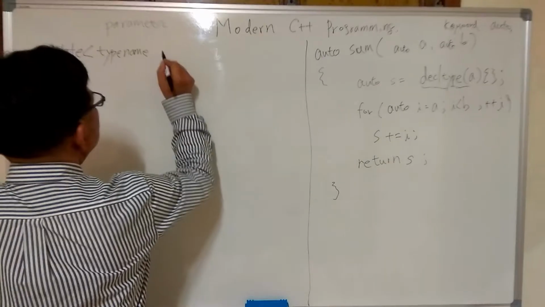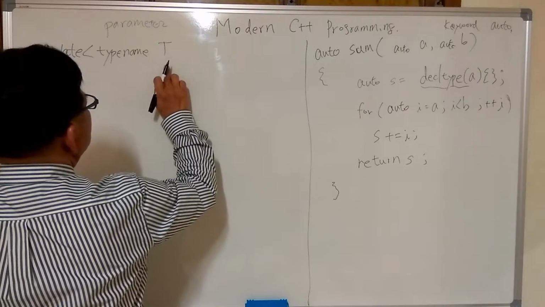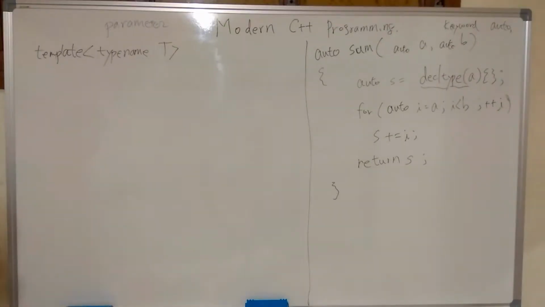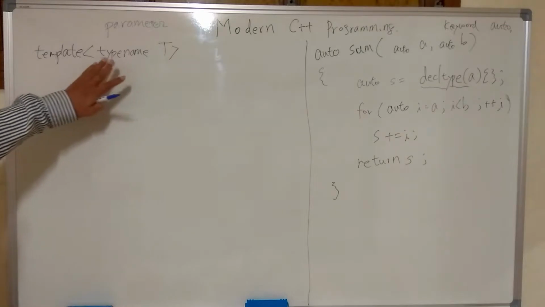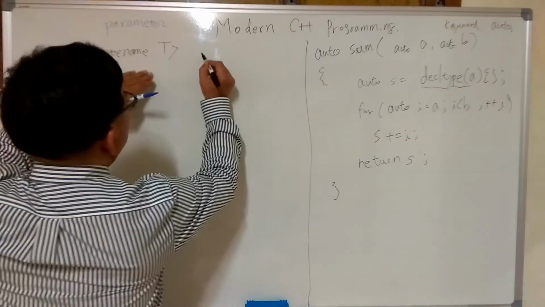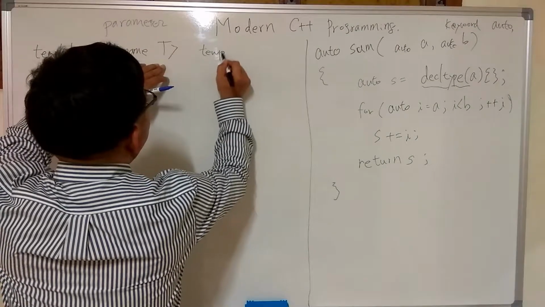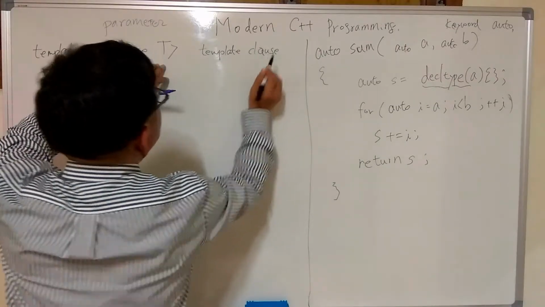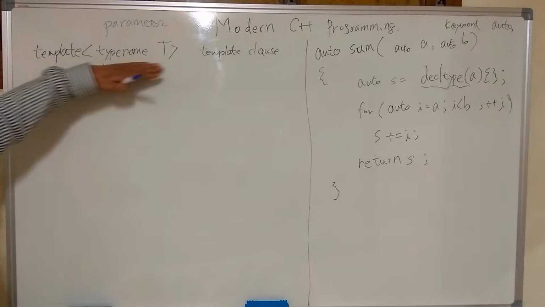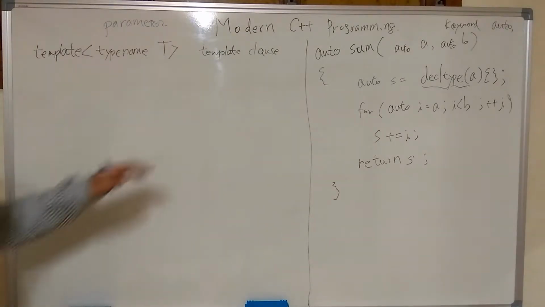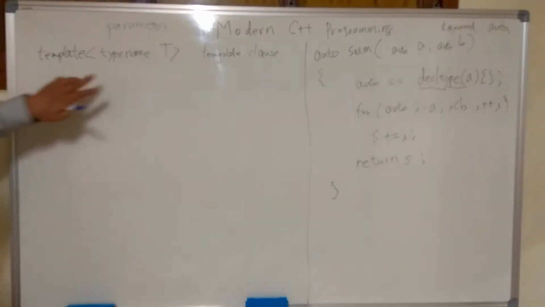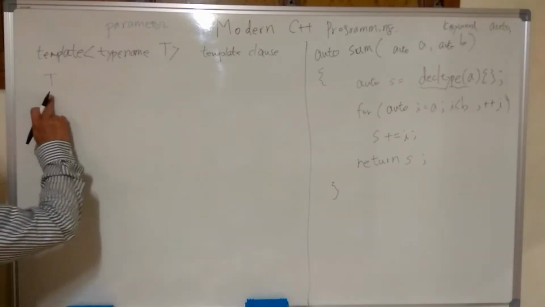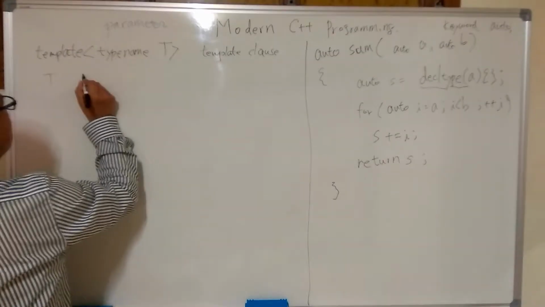We say typename T. This part is called the template clause. Then the return value will be T. Return value type T. Then function name sum.